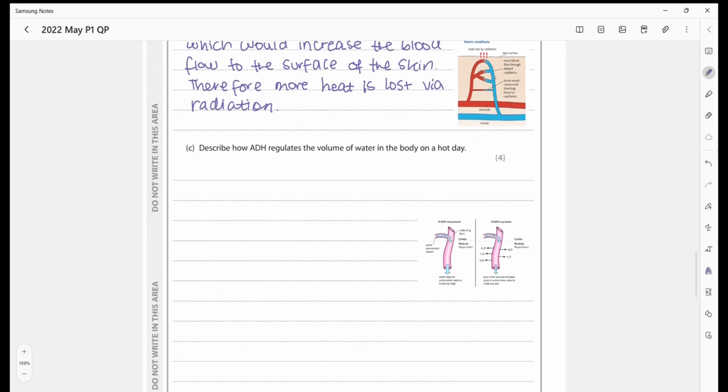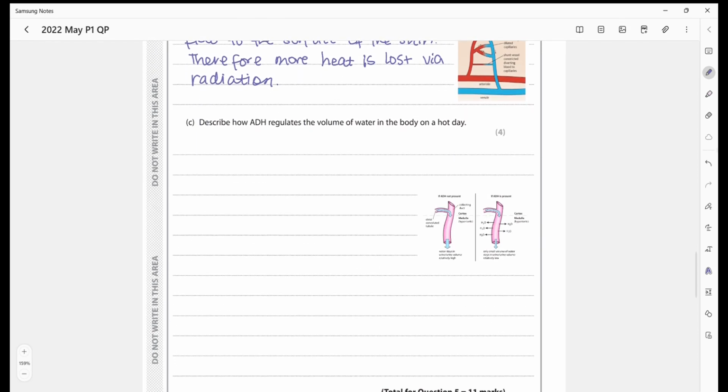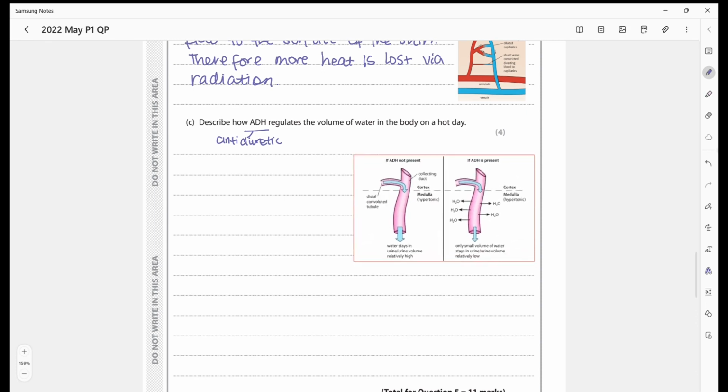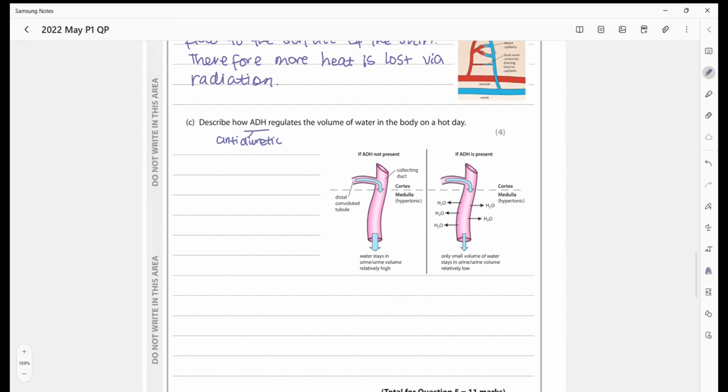Right, the next part. Describe how ADH, so ADH stands for antidiuretic hormone, regulates the volume of water in the body on a hot day. So if you recall, ADH is a hormone that is secreted by the pituitary gland. Right, and let's look at a little diagram so we can see how that works.